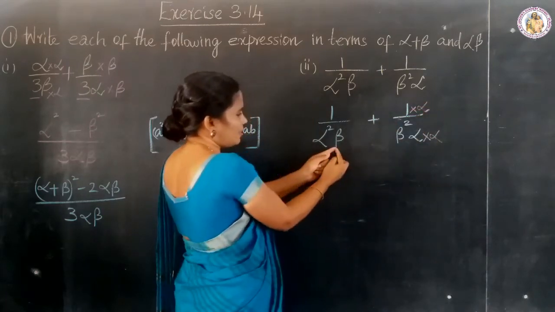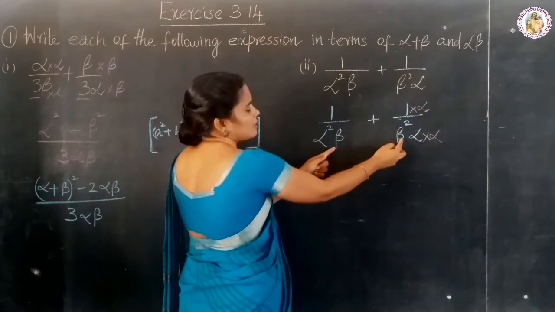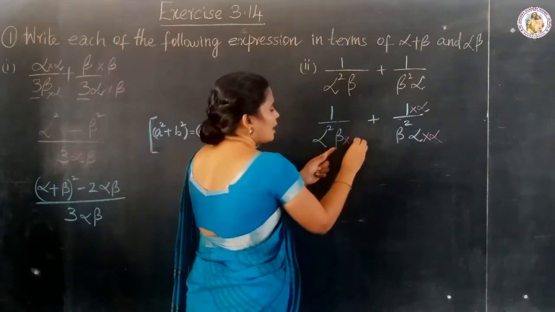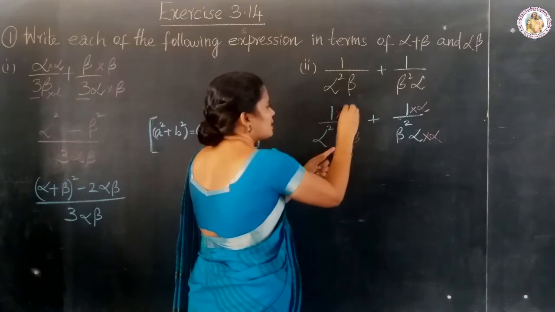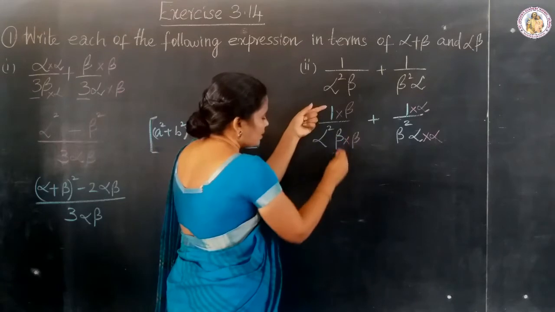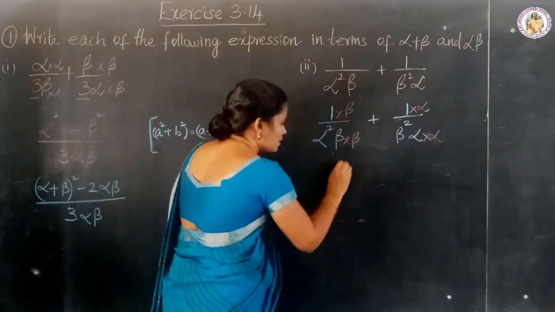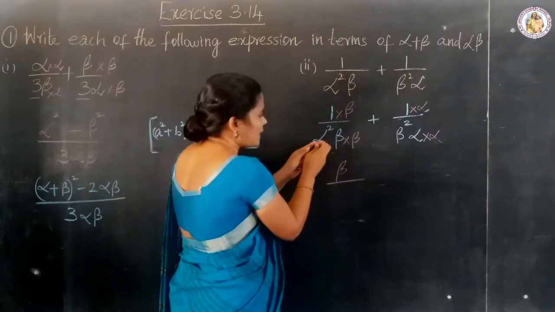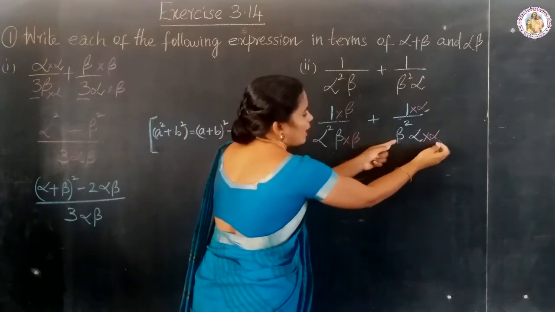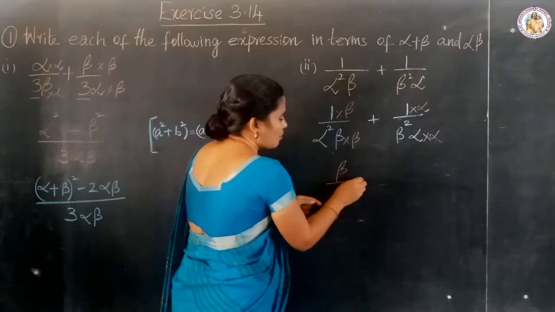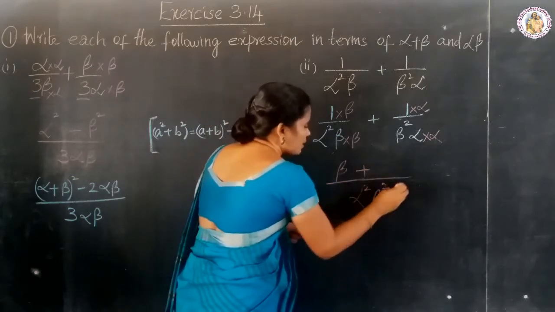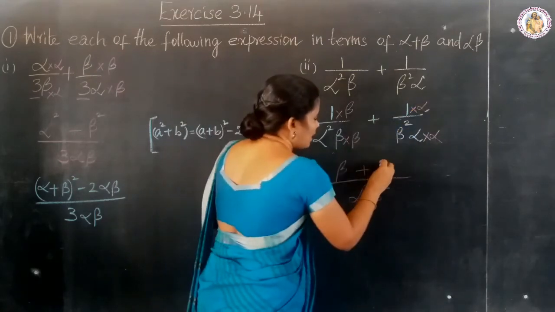Now here we have 1 beta, but here we have beta square. So multiply another beta to the numerator as well as denominator, so as to make it common. Now beta into 1, that is beta, divided by alpha square and beta square. Here also alpha square and beta square, so commonly we can take alpha square beta square. 1 into alpha, alpha.